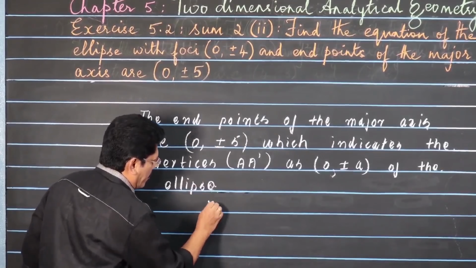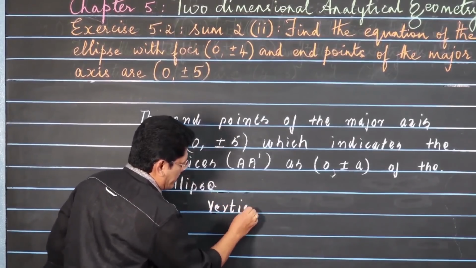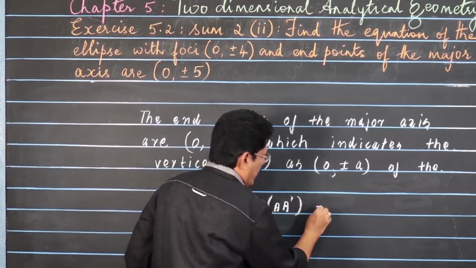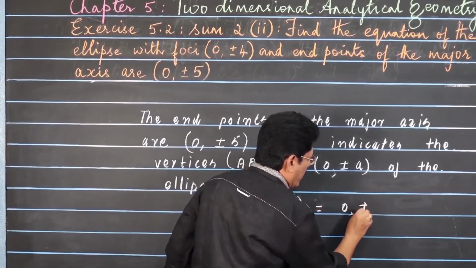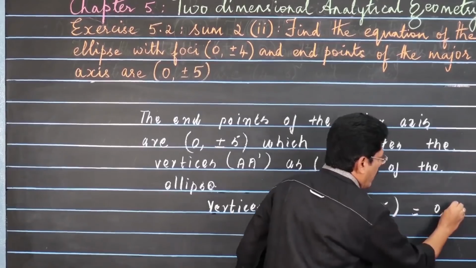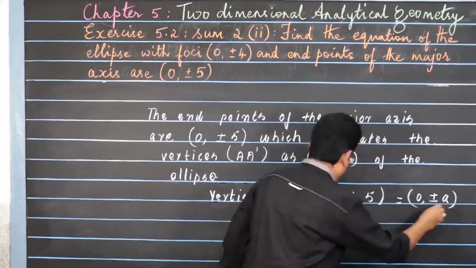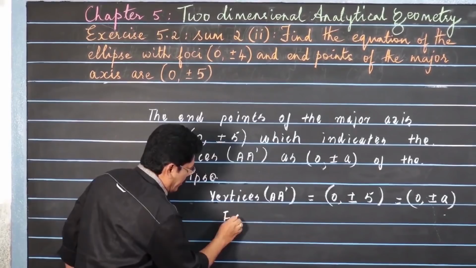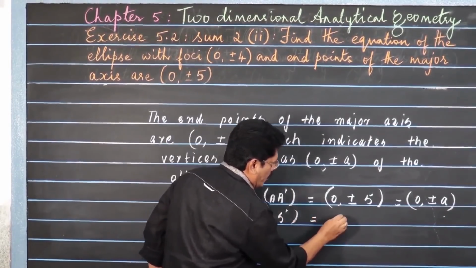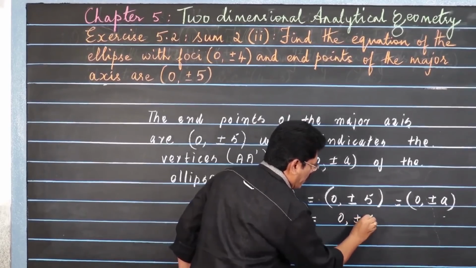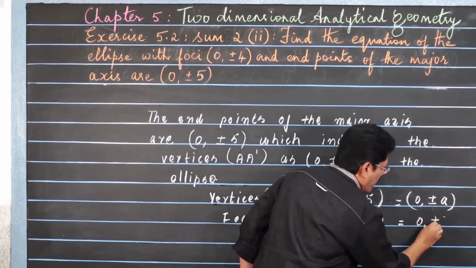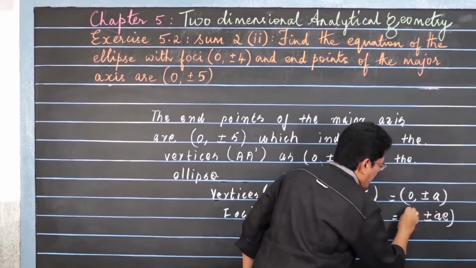Therefore, vertices A dash is equal to 0, plus or minus 5, which is equal to 0, plus or minus A. Foci S dash is equal to 0, plus or minus 4, which is equal to 0, plus or minus AE.